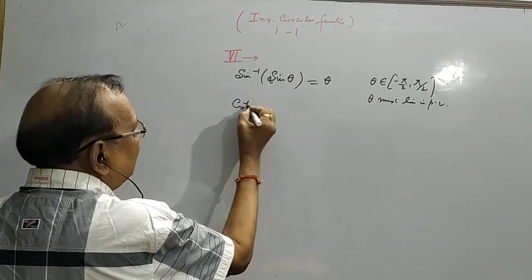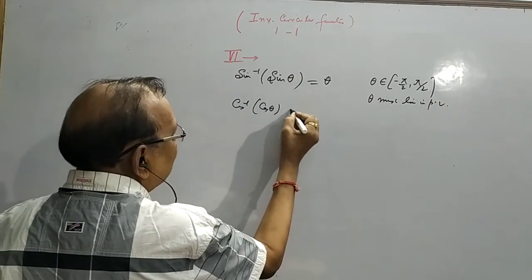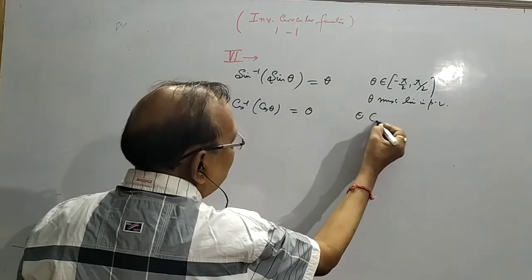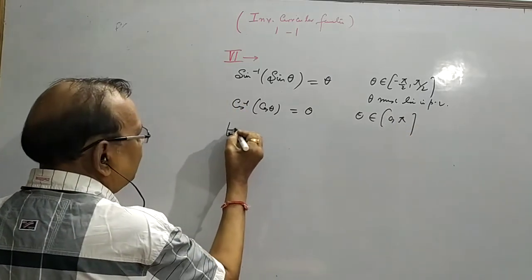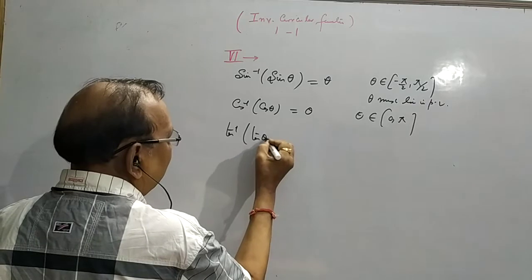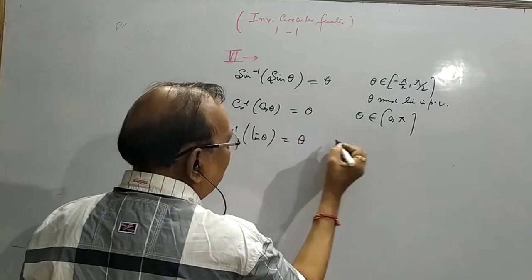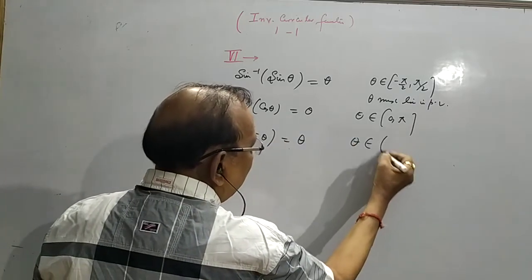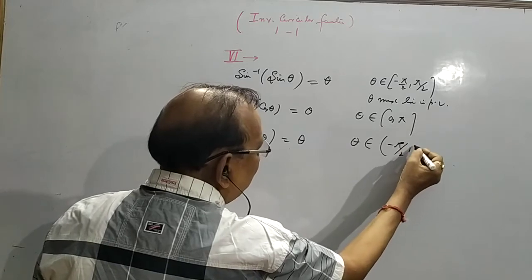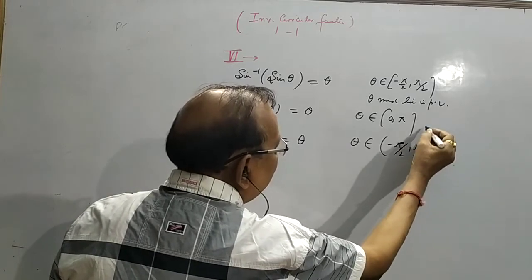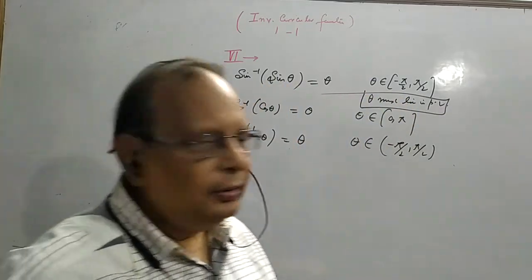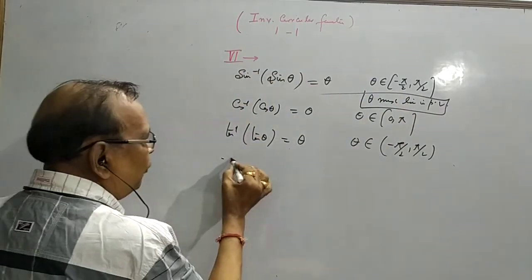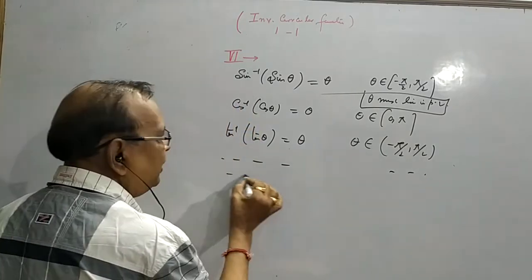Similarly, cos inverse cos theta is also theta if theta belongs to 0 to pi, and tan inverse tan theta is equal to theta only if theta belongs to minus pi by 2 to pi by 2, again in principal values. Similarly, we may get for others, as already discussed.